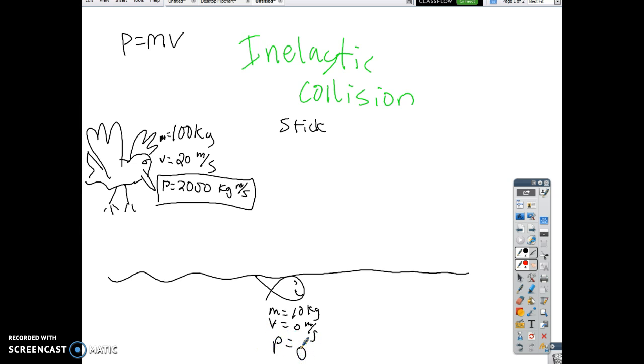All right, so the law of conservation of momentum tells us that whatever momentum we start with, we have to end up with. So in this system, all that we start with is a fish right here, and this bird right here.